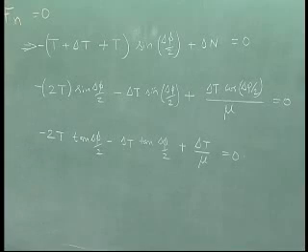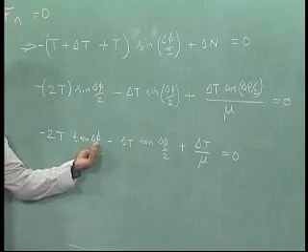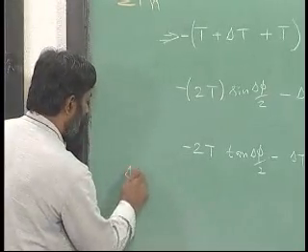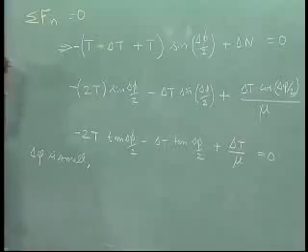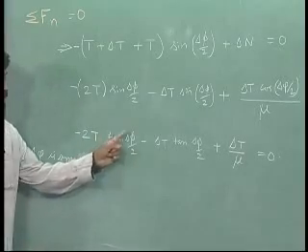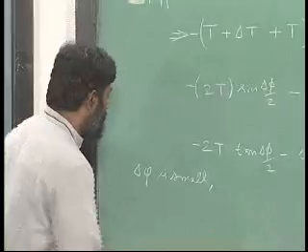Now, when delta phi is small, tan delta phi by 2 is equal to delta phi by 2.